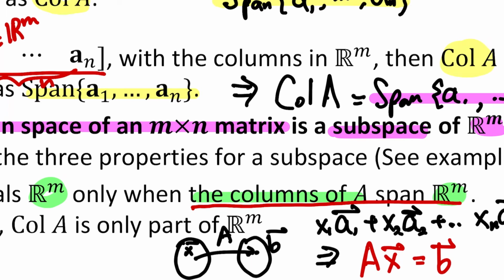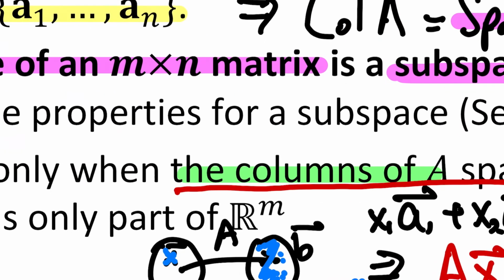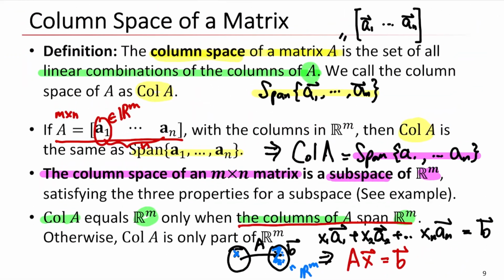The columns of A span means every possible b with x is the same as the R^m space. So in this case, the column space equals R^m space. The span of the column vectors of A is equal to R^m space.